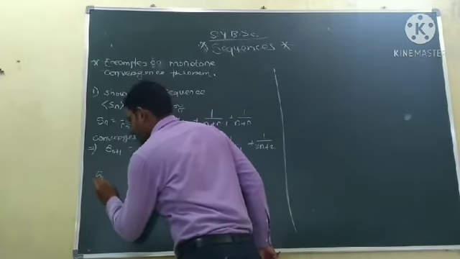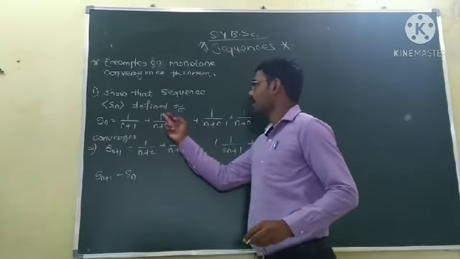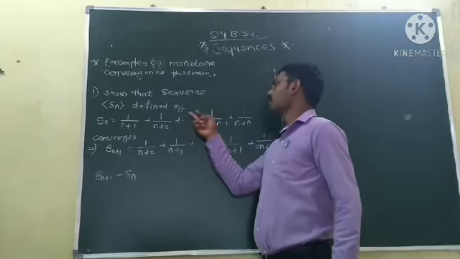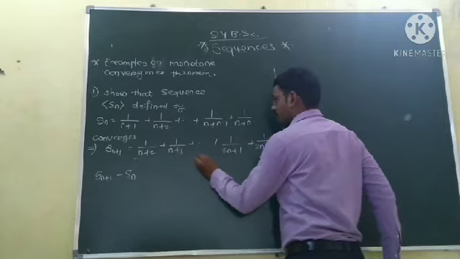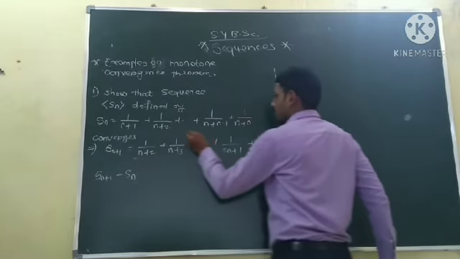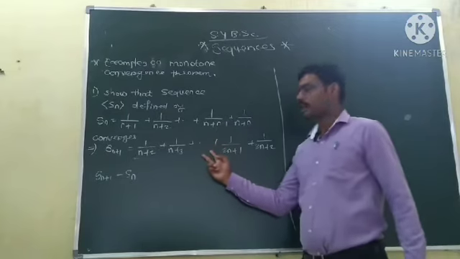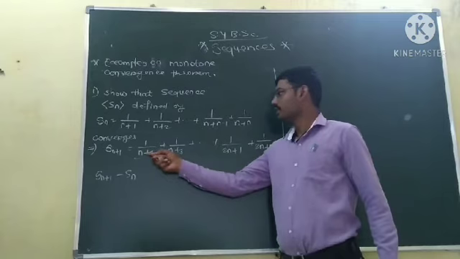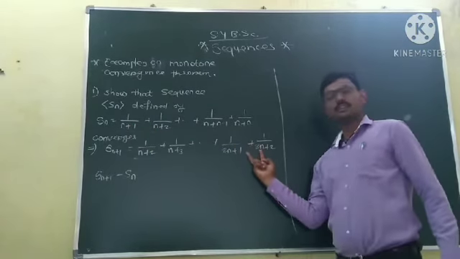So S n plus 1 minus Sn. Now see, here the second term is 1 upon n plus 2, and here the first term is 1 upon n plus 2. Here the third term will be 1 upon n plus 3, and here the second term will be 1 upon n plus 3. So all the terms are the same from 1 upon n plus 2 onward. Only the first term is different, and the last two terms are different.